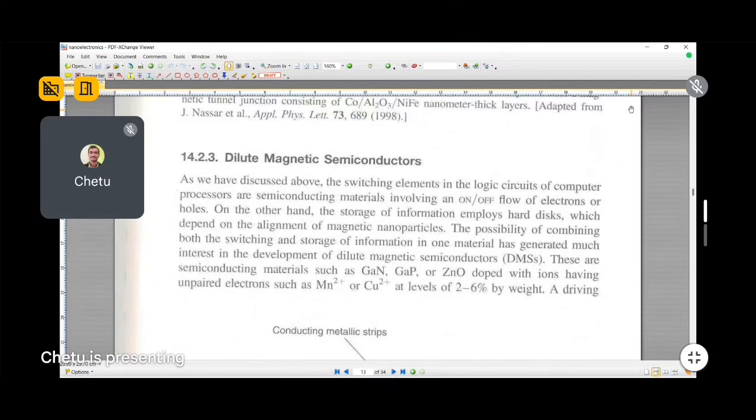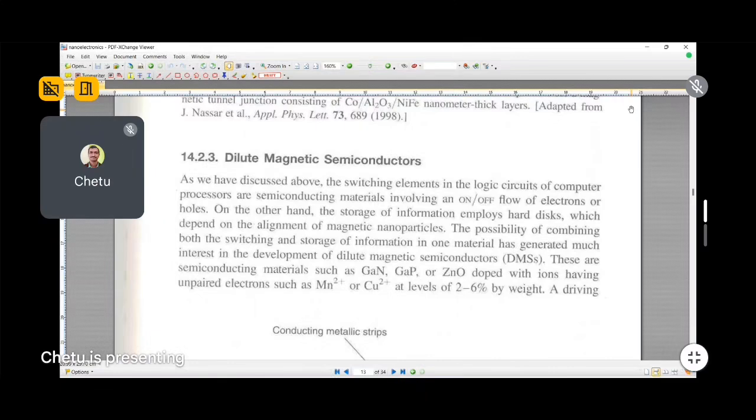This is how the research community describes the magnetic properties of a material: either they are diamagnetic, paramagnetic, or ferromagnetic. And now many other categories are added: semiconductors, superconductors, dilute magnetic semiconductors, etc.